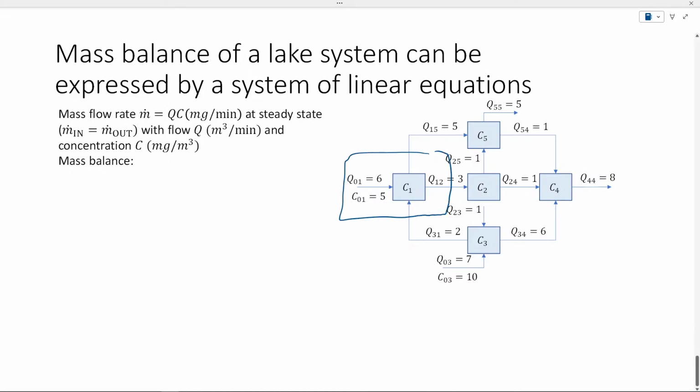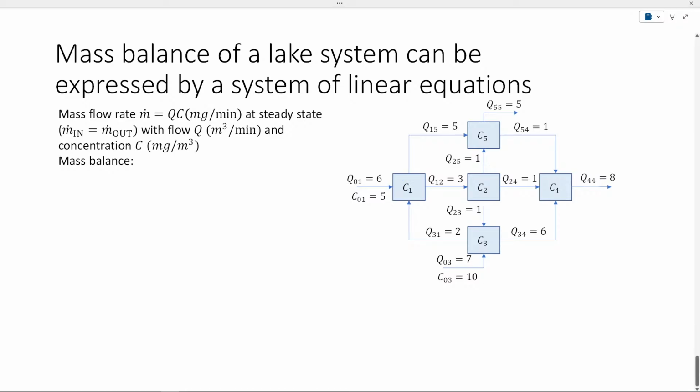Again, the mass flow rate, Q times C, will give you something in milligram per minute. At steady state, M in is equal to M out, with flow in cubic meter per minute and concentration in milligram per cubic meter. So what is the mass balance?